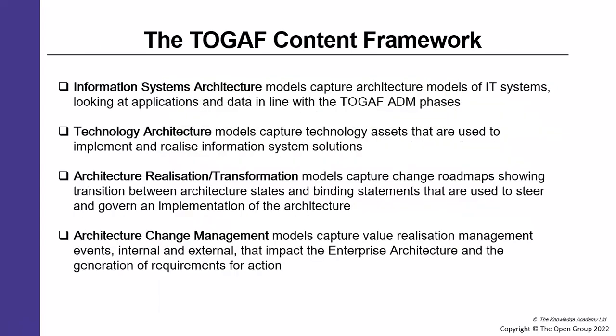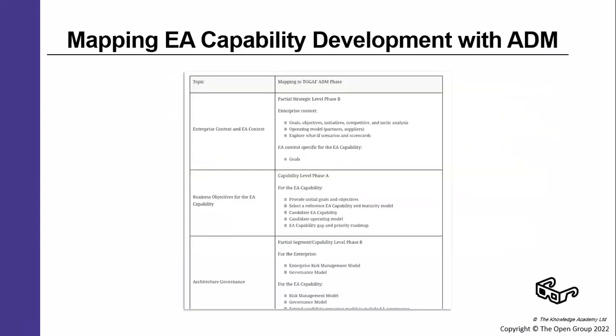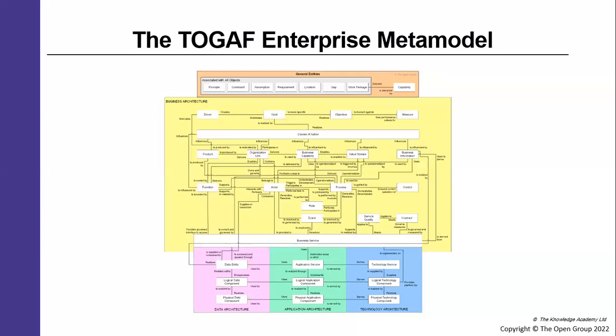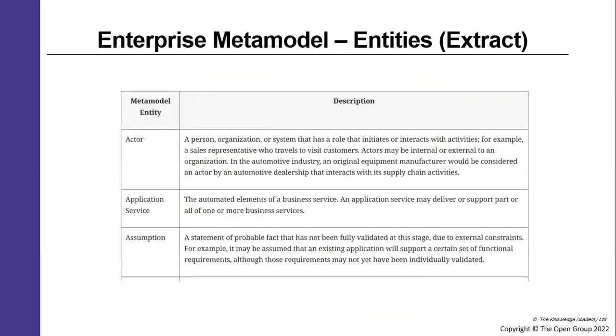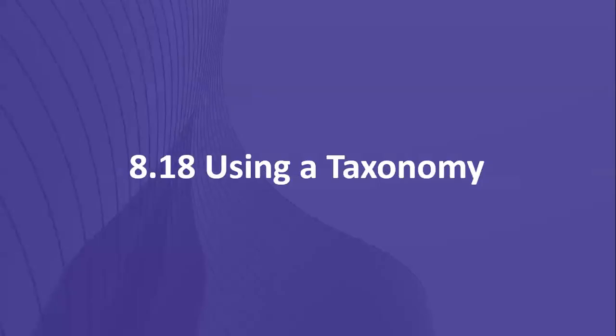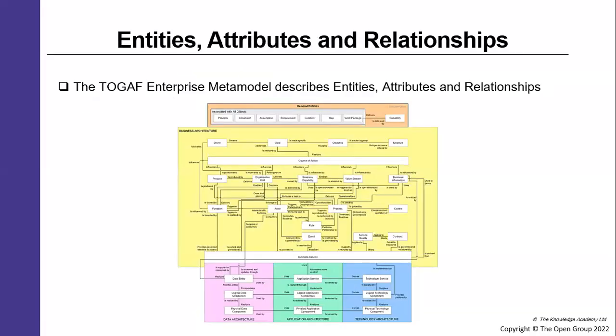And next one, content framework we have discussed in detail. Mapping capability development with ADM, right? What are the capabilities you develop in each phase with the ADM, correct? Meta model we discussed, meta model entities we discussed, meta model extensions we discussed.